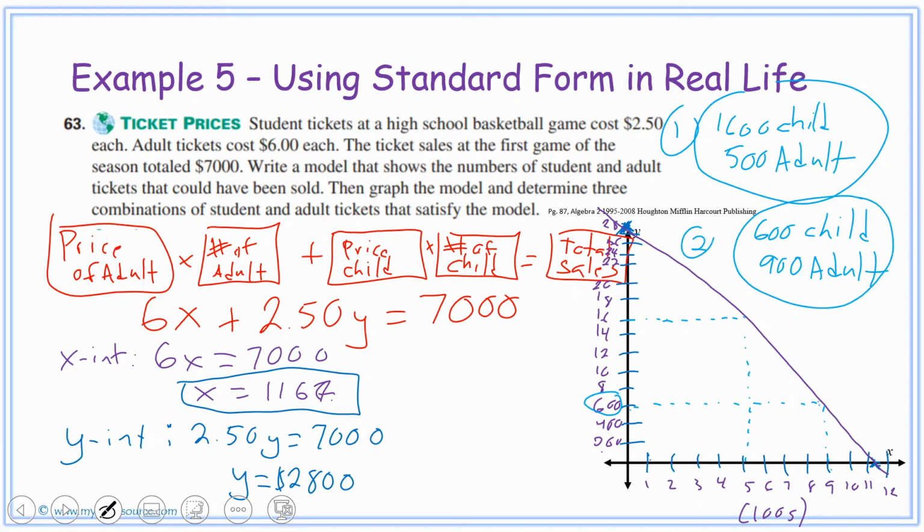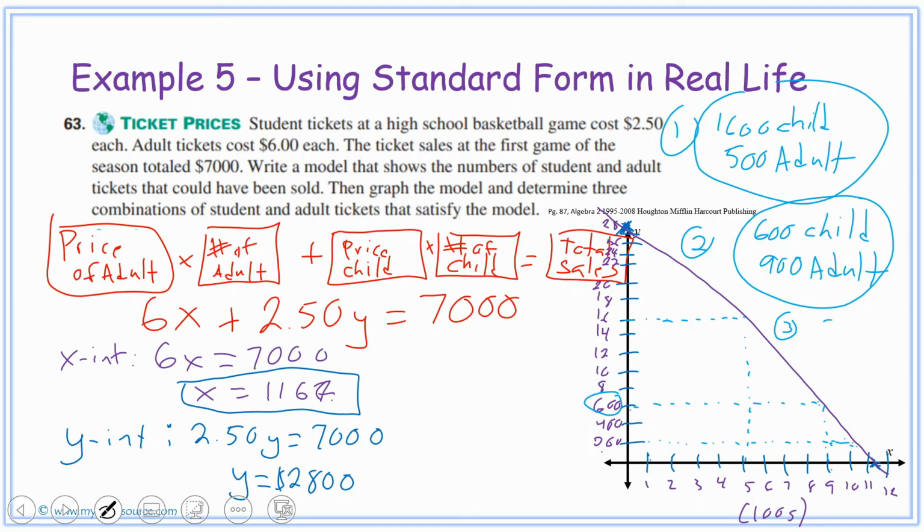And then one more, number 3. If I chose one a little bit higher, there's ones that might be a little bit crooked. So let me stick with the ones that were more even. If I chose 200, so if I sold 200 child tickets, they went off a bit. It's just about 10 something.